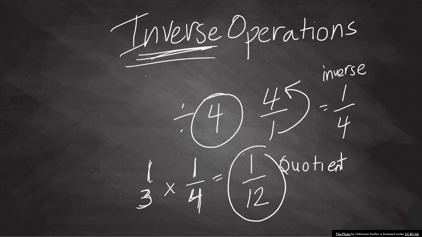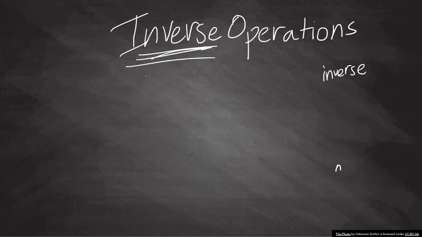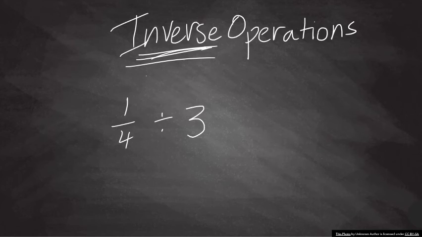So we can see another example here. Remember how to find an inverse. If you take the inverse and multiply it, you're dividing a fraction. So let's take 1/4 divided by 3. We're going to divide 1/4 into 3 parts. Remember, I'm going to take this and get the inverse.